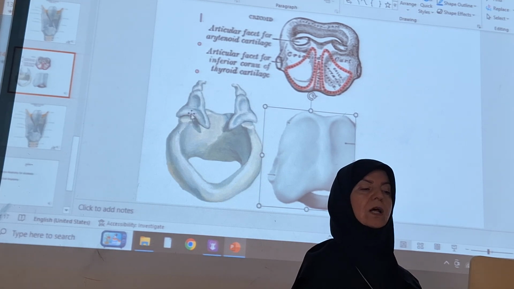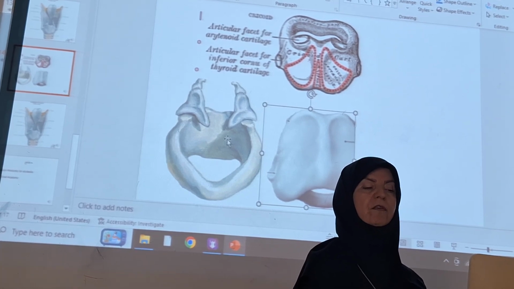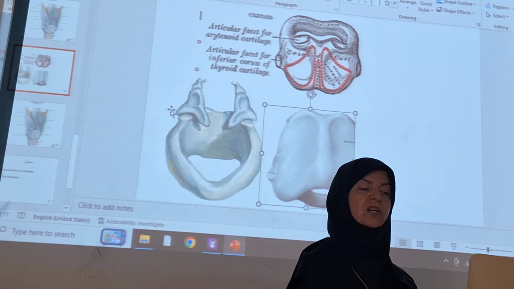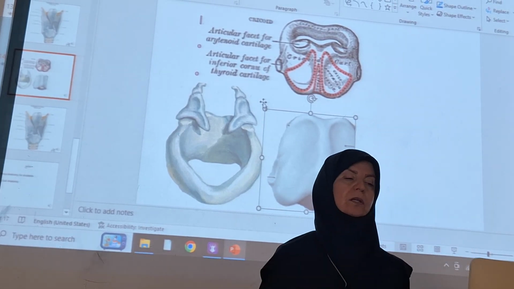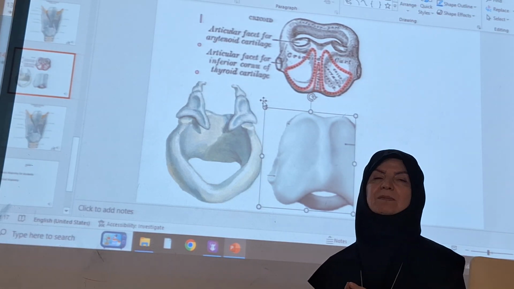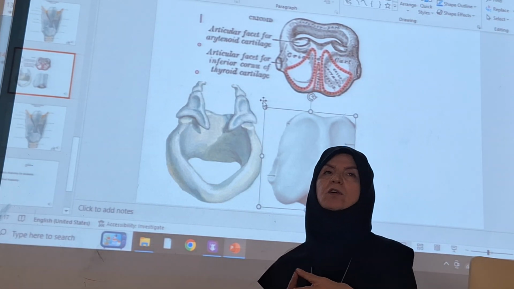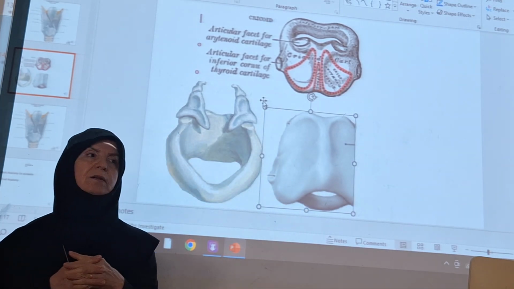Posterior cricoarytenoid muscle. The origin is the posterior surface of the lamina of the cricoid, and the insertion is the muscular process. What do you think? Imagine the function of the posterior cricoarytenoid muscle.